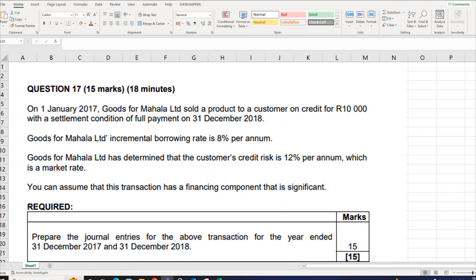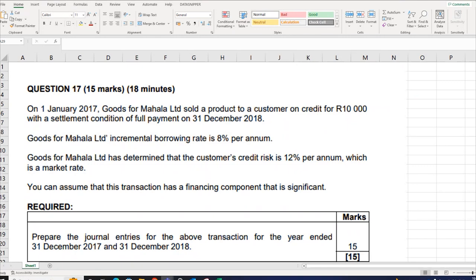Okay, so from doing this learning unit on revenue, one thing that you would have learned is that there's a 5-step process for revenue recognition. The core objective of revenue is to recognize revenue in a manner that depicts the transfer of promised goods and services and not merely when the cash has been received.